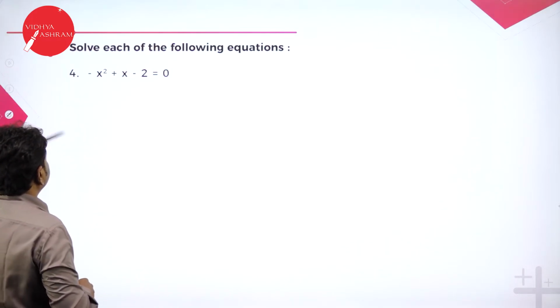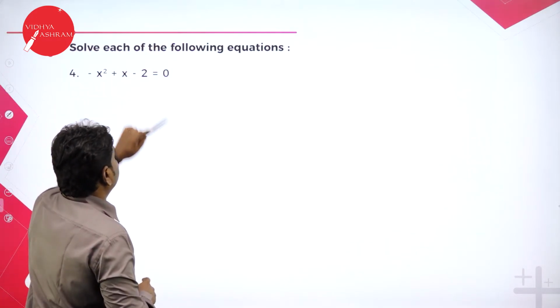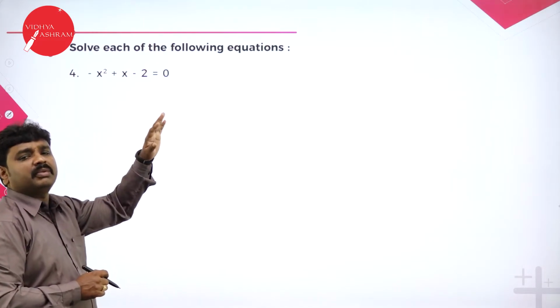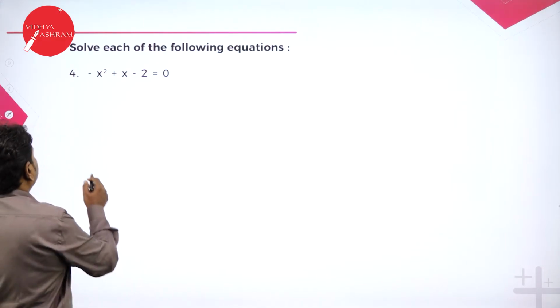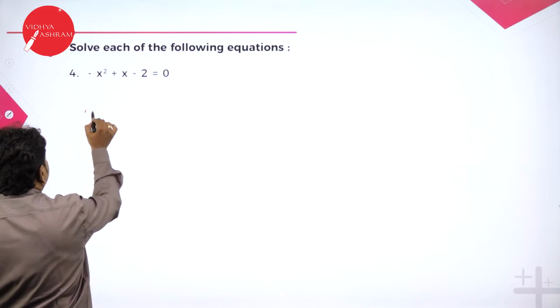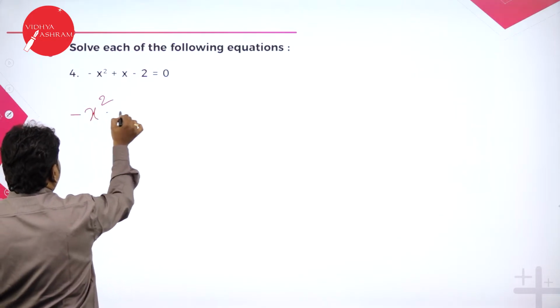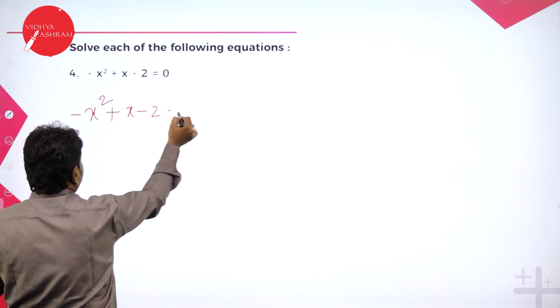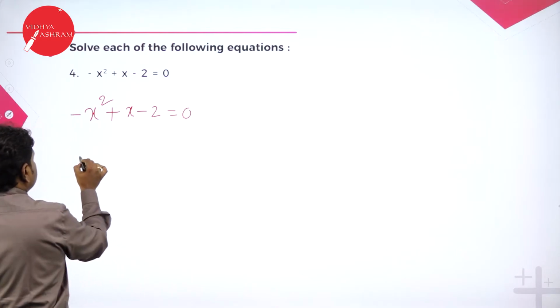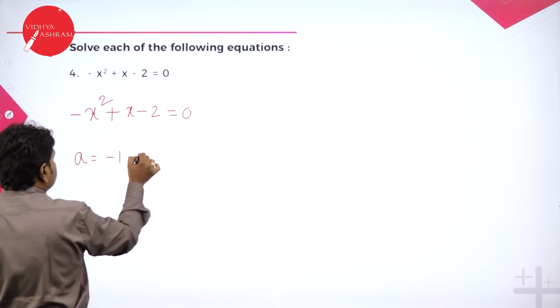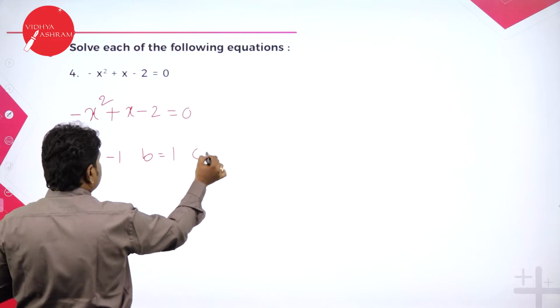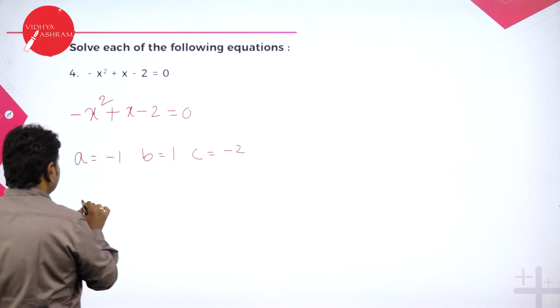And then we have minus x square plus x minus 2. If you want, you can multiply by minus on both sides, or directly you can do it, because minus x square plus x minus 2 is the question. So what is a? Minus 1. What is b? Positive 1. What is c? Minus 2. What are the roots?